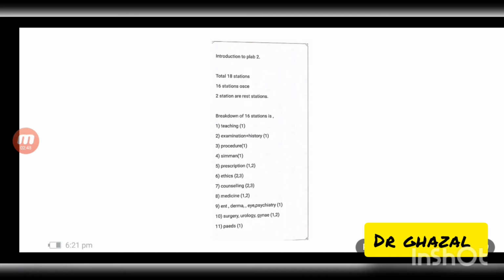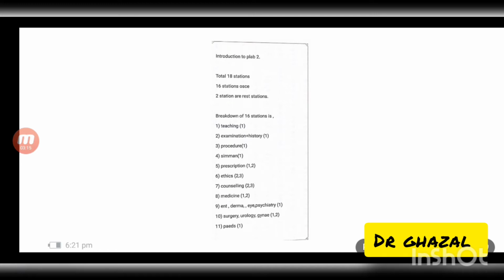There will be a few stations where you will only be performing a procedure or an examination, and a few stations where you will be teaching someone like a nurse or an FY1 doctor. And there will be a few combined stations where you actually perform the examination, take the history and do the management as well.